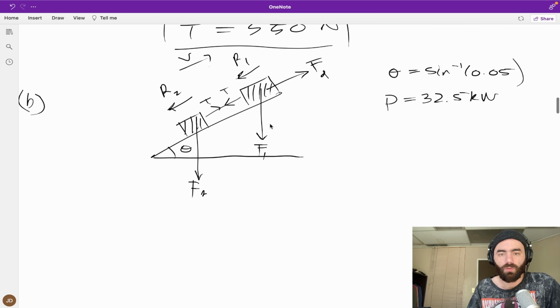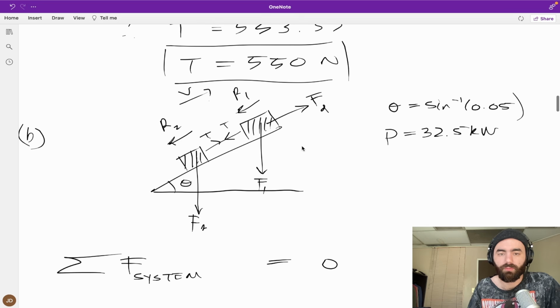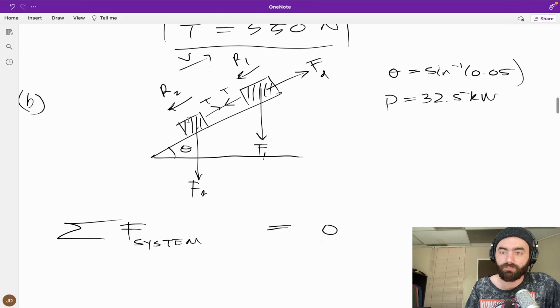All right. Well, what we can say from Newton's second law is the sum of the forces for the whole system is going to equal 0, right? Because it's traveling at a constant velocity, so it's not accelerating. So the sum of all the forces of the system equals ma, but the acceleration is 0, so it's 0.